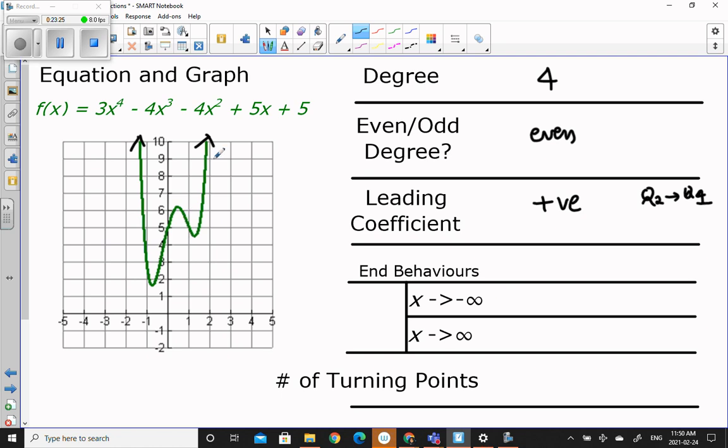And for end behaviors, as x becomes more positive, y becomes more positive, and as x becomes more negative, y also becomes more positive. Let's see how many turning points this one has. It has 1, 2, 3 turning points.